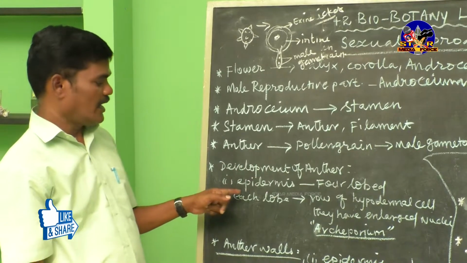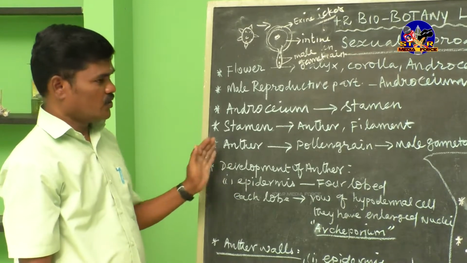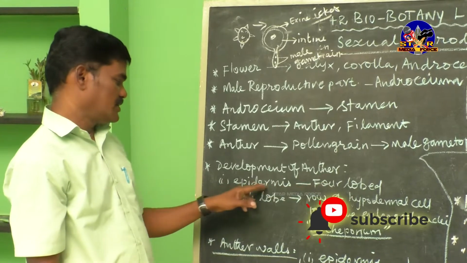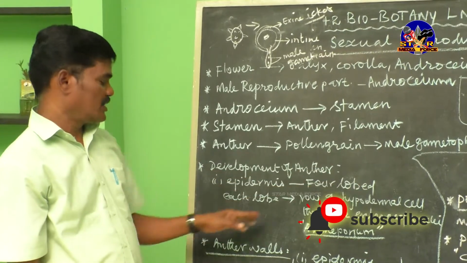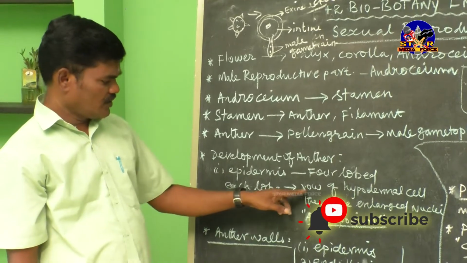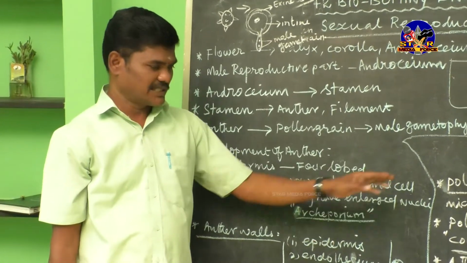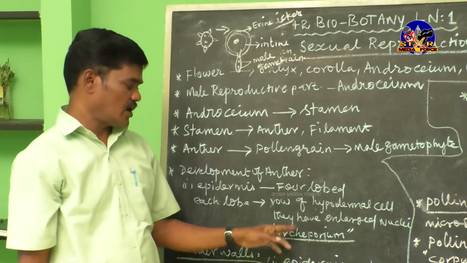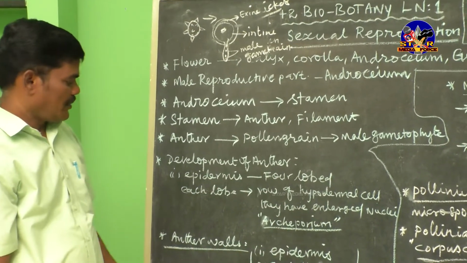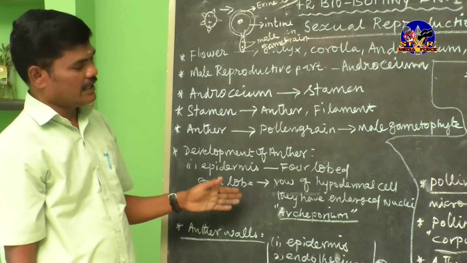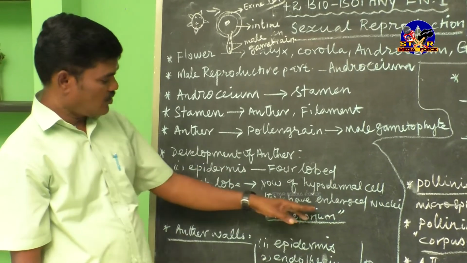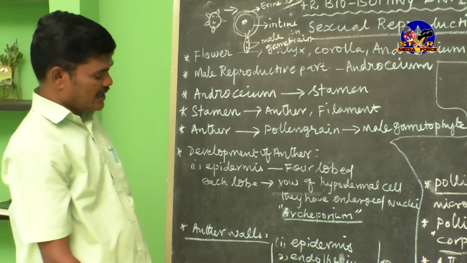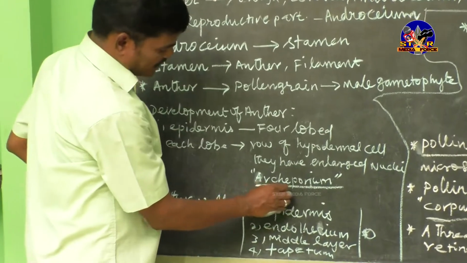After that, it is going to form a four-lobed structure, and the epidermis is four-lobed. In each lobe there is a row of hypodermal cells. Hypo means below the epidermis, called the hypodermis, and the hypodermis has three layers, and they have enlarged nuclei. The enlarged nuclei is called archesporium.